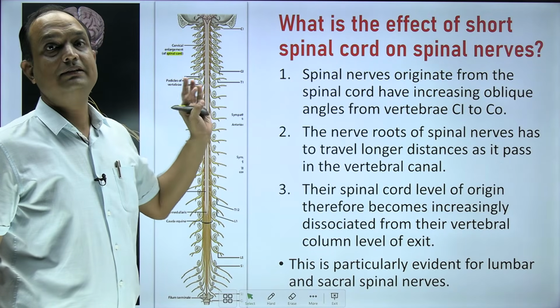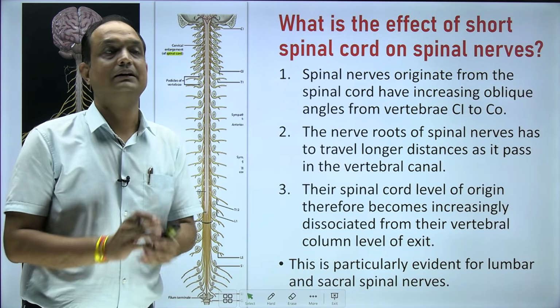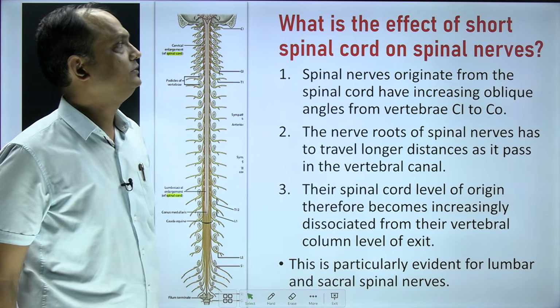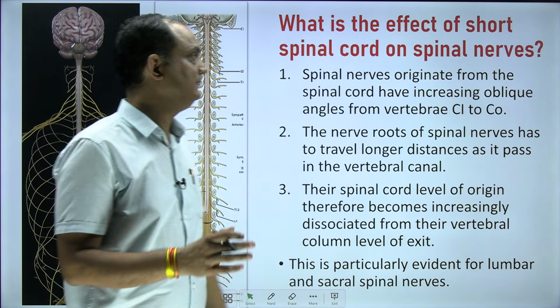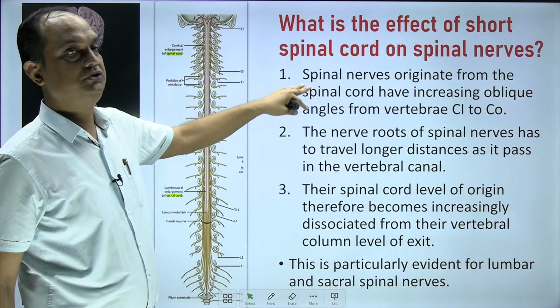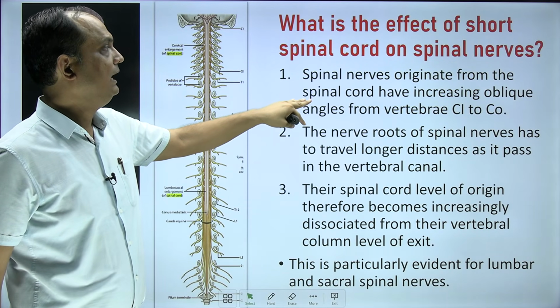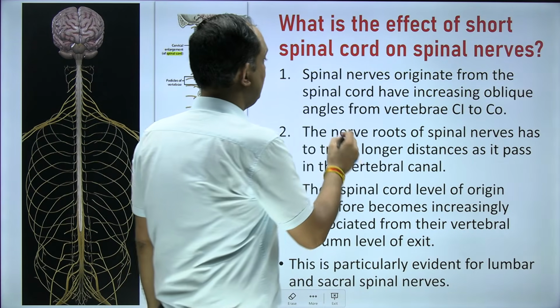Now the next question is, what is the effect of the short spinal cord on the spinal nerves? Keep in mind that spinal nerves originate from the spinal cord and they have an increased oblique angle.